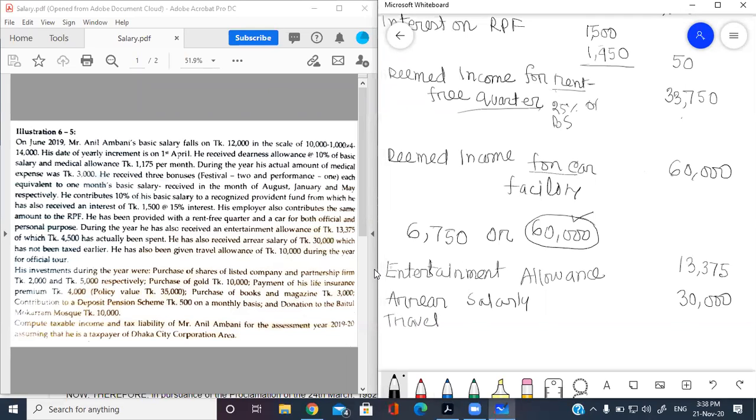If this allowance had been given to him for personal purpose, and there is additional information that it was not mentioned in his employment contract, in that case, the total amount would be taxable or tax exempted? Tax exempted.